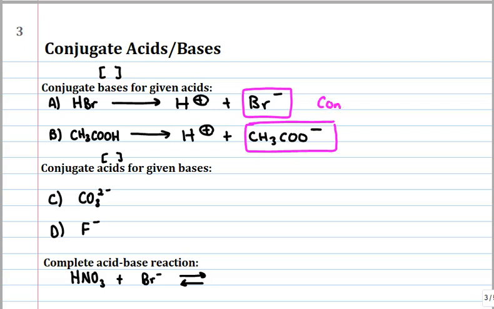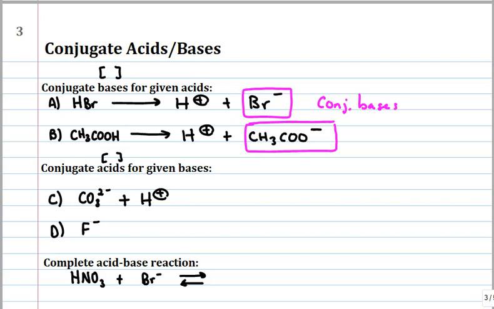So these are conjugate bases. Now, why do we call them bases? Because they could pick up a proton and act as a base. So that's why we call them the conjugate base. Well, what if I gave you a base? I'm telling you this is a base, and I want you to draw the conjugate acid. Well, how does this work? You need to add a H+ to it.